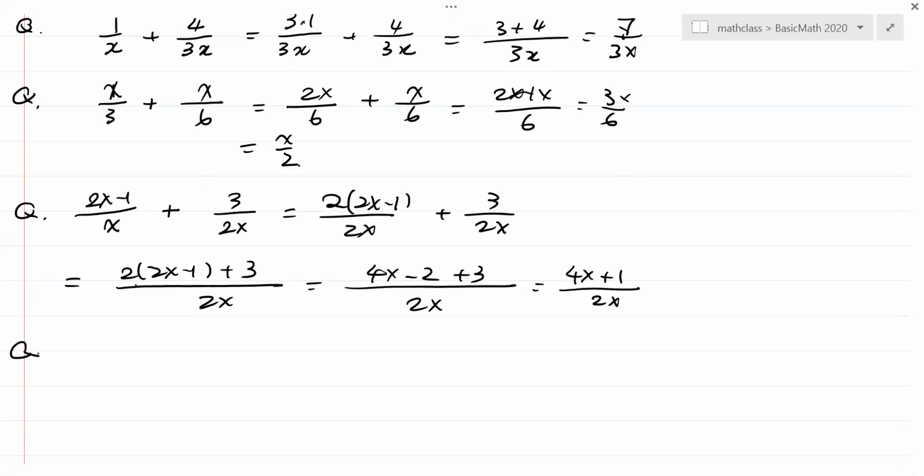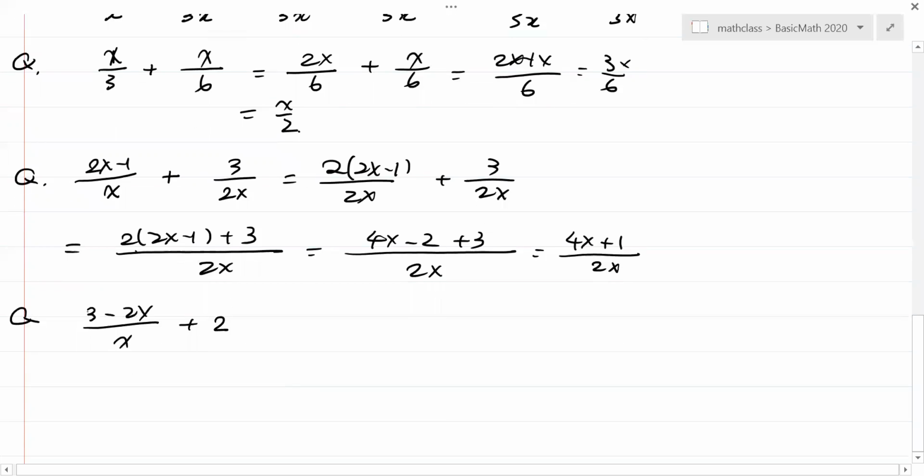All right, let's try a slightly different problem. Sometimes we have fractions on one side, like (3 minus 2x) over x plus 2. In this case, the first term is a fraction, and the second term is just an integer. How do we combine them into one fraction? Well, you can change the integer to a fraction. You must have an x in the denominator.